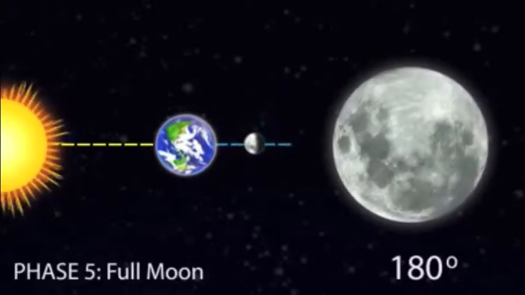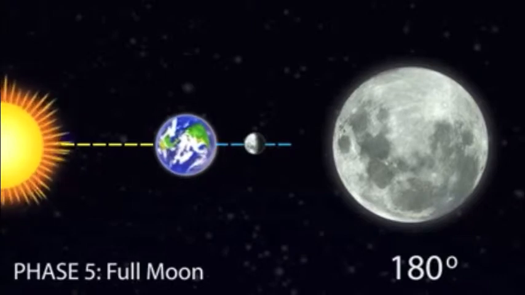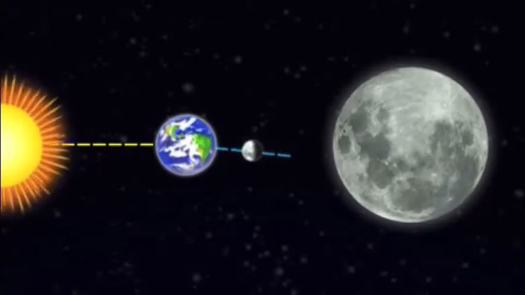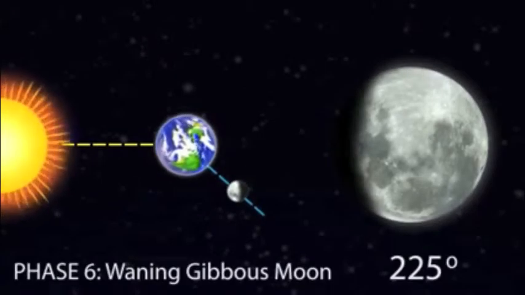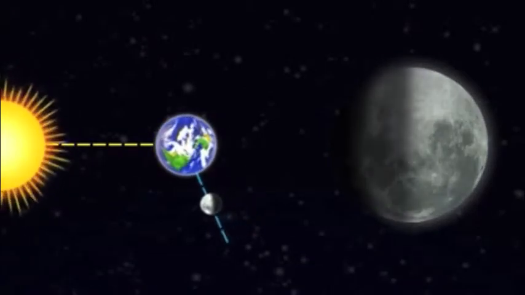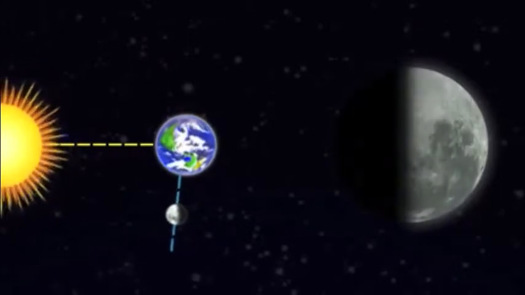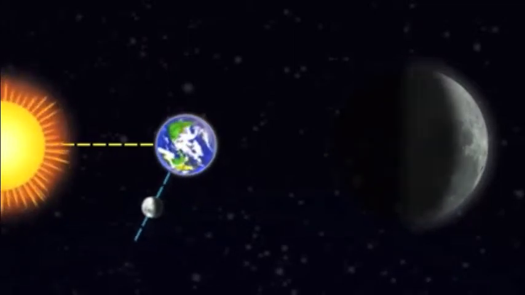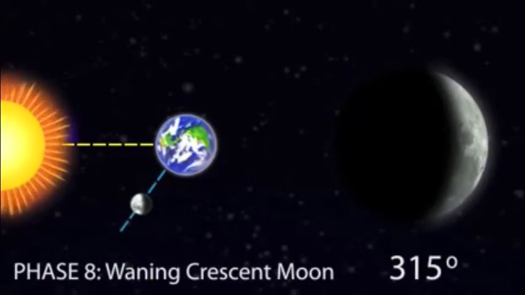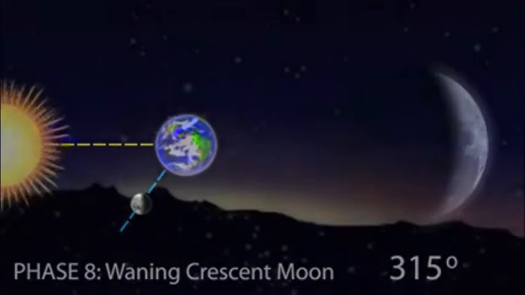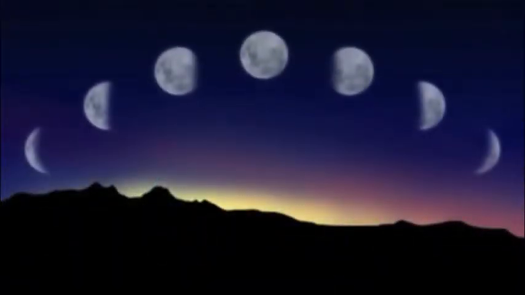At this point, 100% of the illuminated half of the moon is visible to us. Phase 6 is called the waning gibbous moon. Phase 7, the last quarter moon. Phase 8, the final phase, is called the waning crescent moon. This is the last phase before the next new moon. And that is why the moon changes shape.